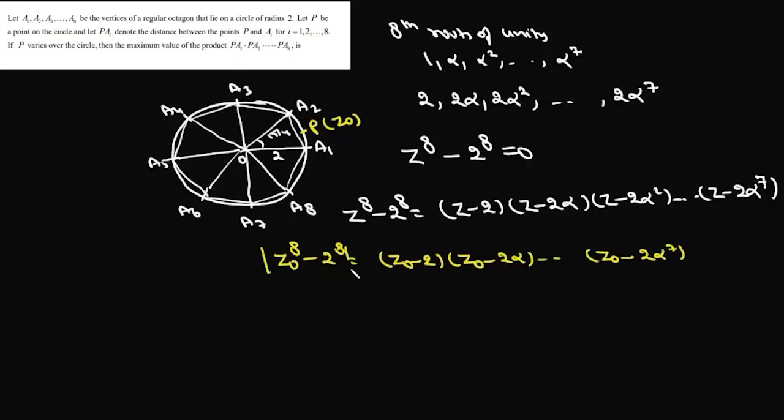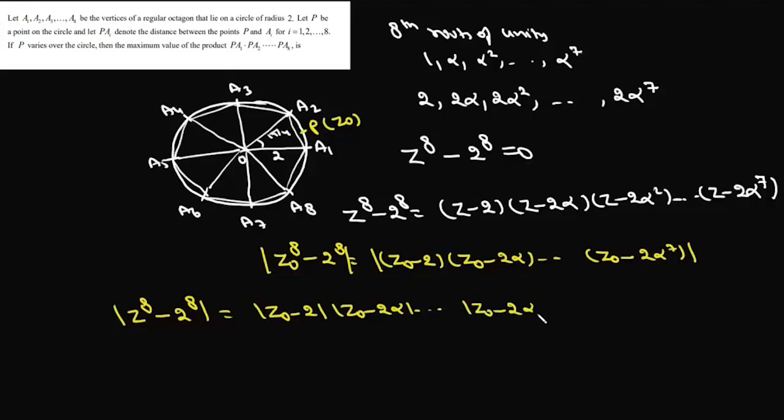And if we take its mod, we can write mod of z0 to the power 8 minus 2 to the power 8 equals mod of z0 minus 2 into mod of z0 minus 2 alpha up to mod of z0 minus 2 alpha to the power 7. Now this is the distance between two complex numbers.